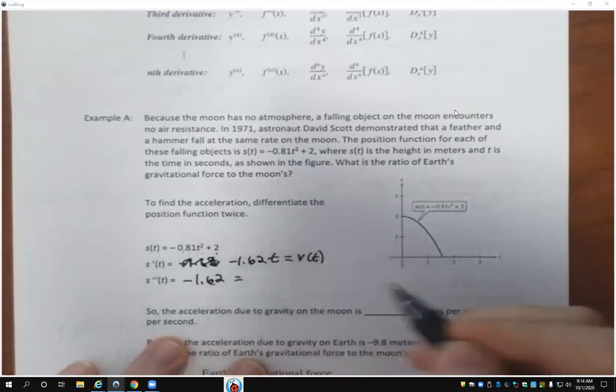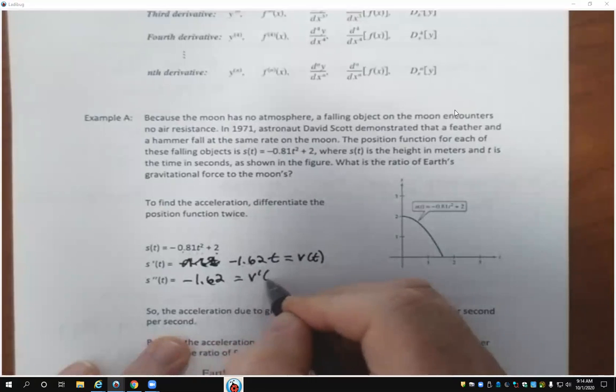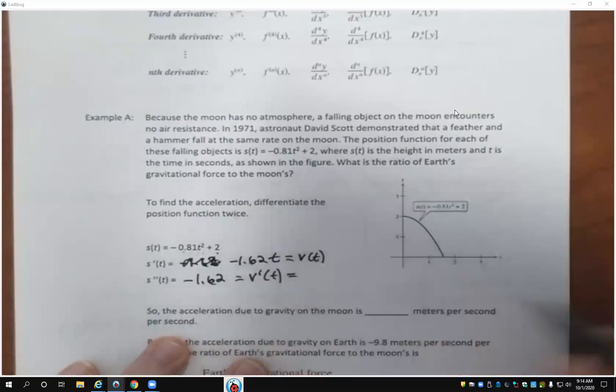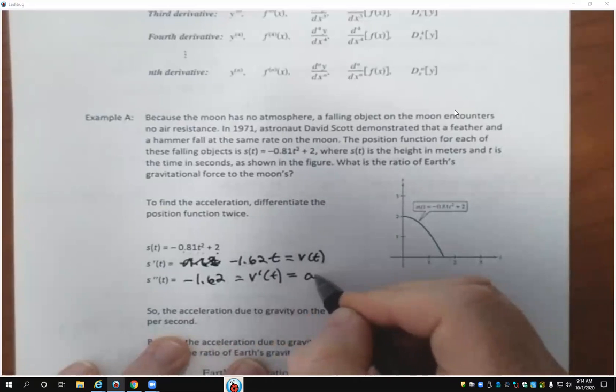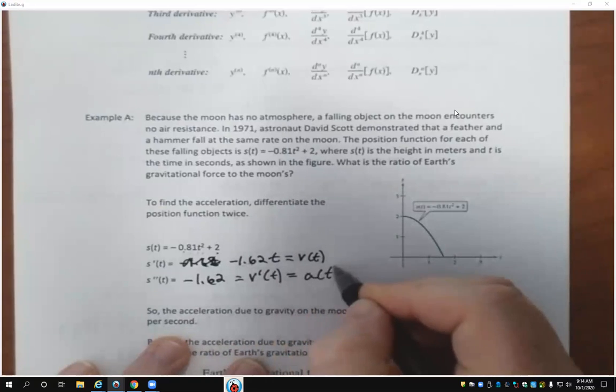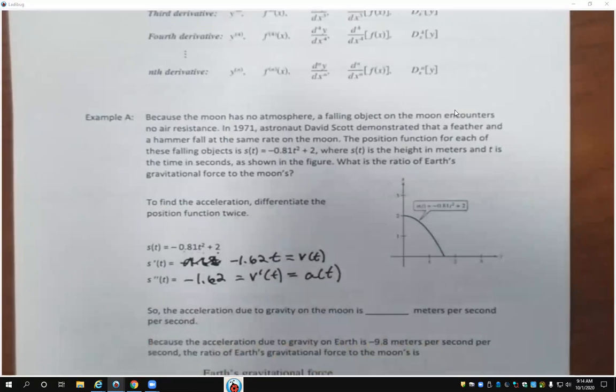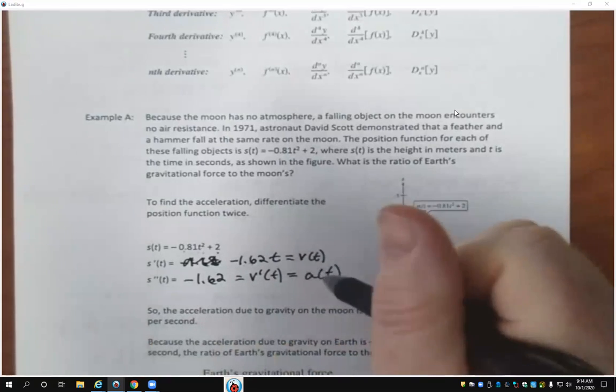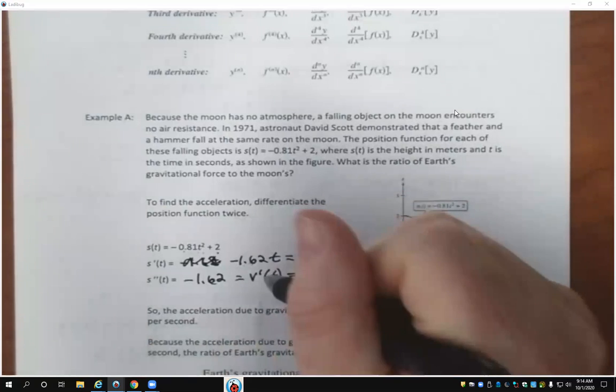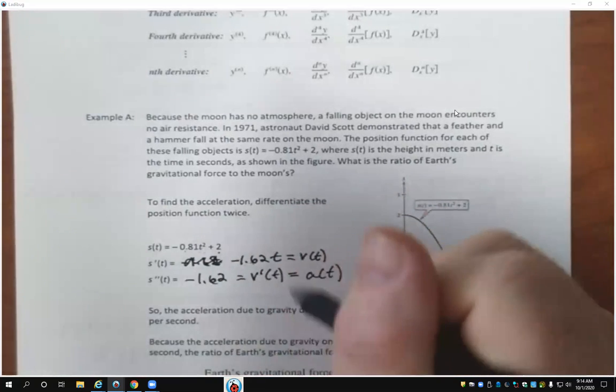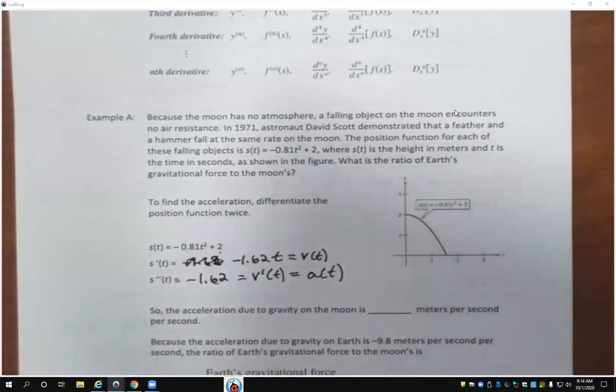And this is v prime of t, or a of t, or s double prime of t. Acceleration is the derivative of velocity. Velocity is the derivative of position, so acceleration is the second derivative.